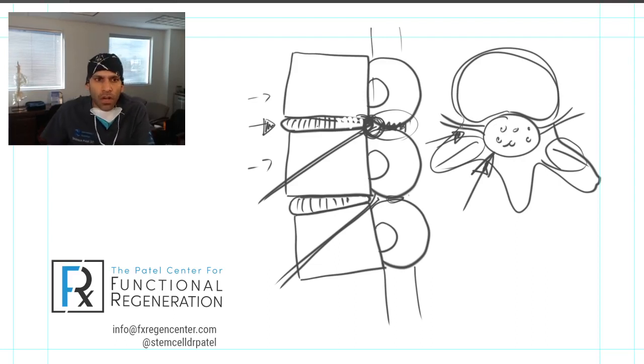So all in all, that's the gist of what stenosis means. Stenosis means that there's narrowing of the space where the nerves are traveling, and that allows us to get those nerves irritated in one way, shape, or form. And I'm going to show you some examples of what that might look like.